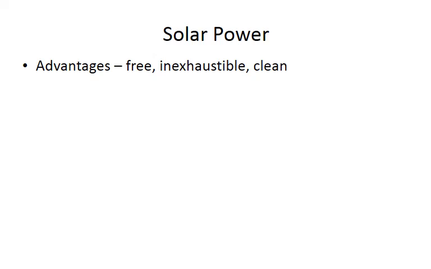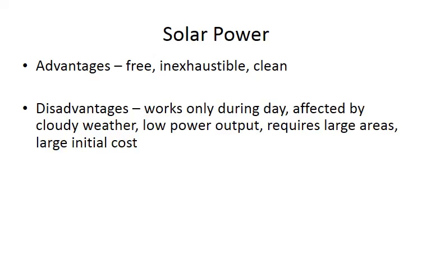The fuel is free, right? We get the sunlight, it's inexhaustible, and it's clean. Some disadvantages, and these are significant, right? It only works during the day. If you have cloudy weather, it does not work well. Low power output overall, right? And so you need a lot of area to be able to do this, and the initial cost is high.